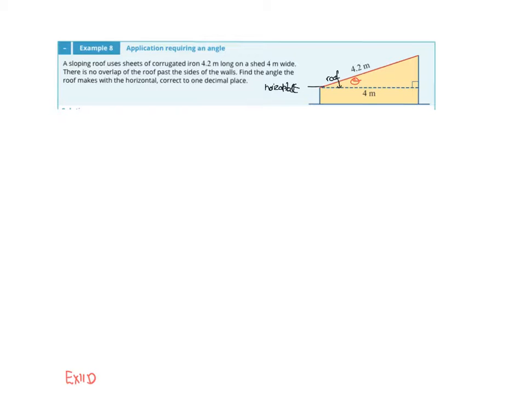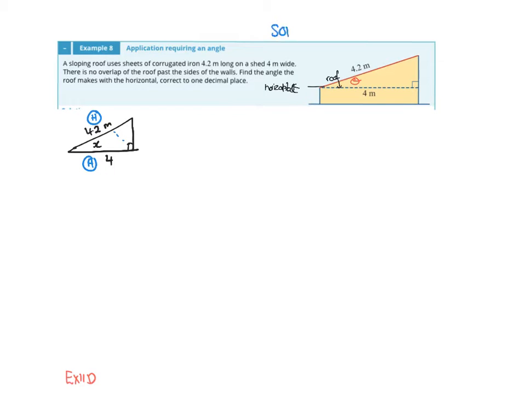Alright, so we would expect to draw a diagram, so I'm just going to simplify my diagram now, and this is 4.2 meters, here's the right angle, this is 4, and that's the question. If I go and label up my triangle, I've got hypotenuse, because it's opposite the 90 degrees, and I've got adjacent.